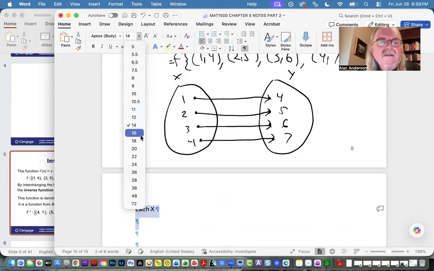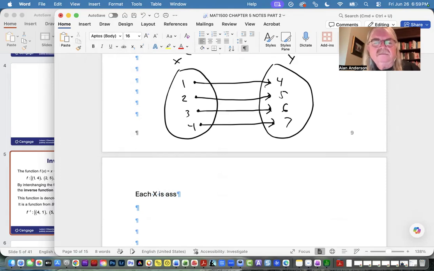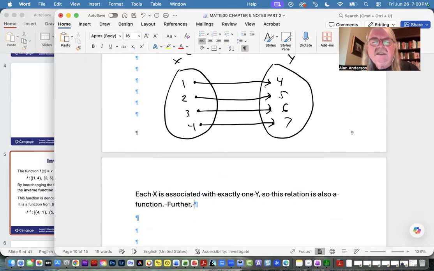Each X is associated with exactly one Y. So this relation is also a function. Further, each Y is associated with exactly one X.